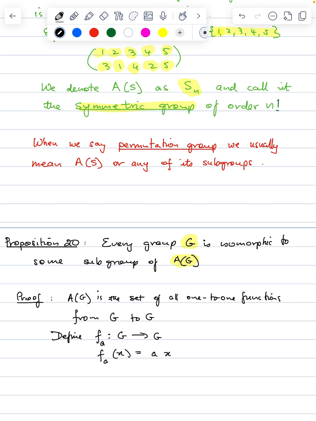The operation star is there, but it's usually suppressed. We don't put it. We would have to put it too many times if we put star everywhere.